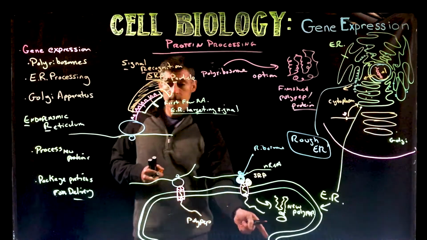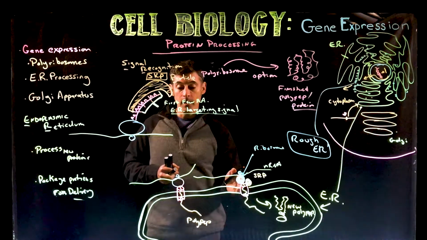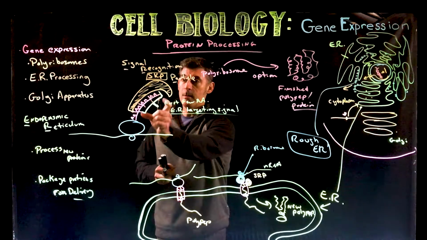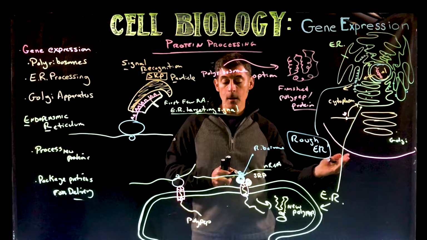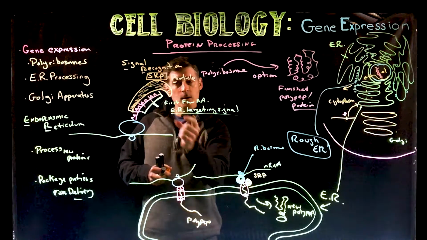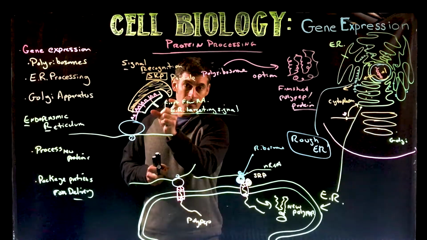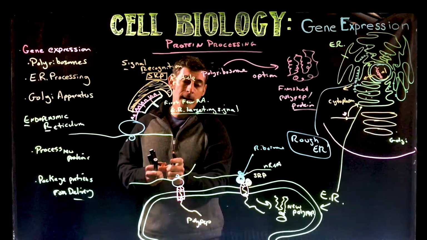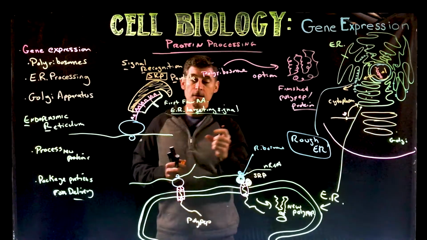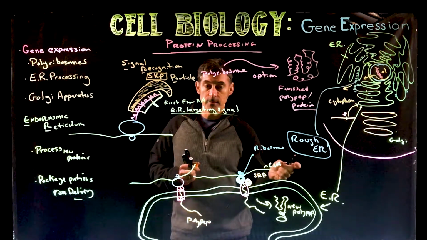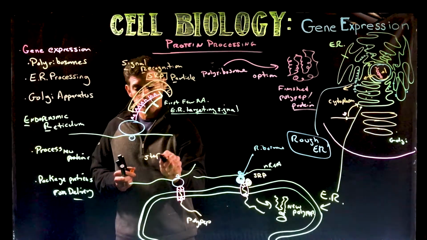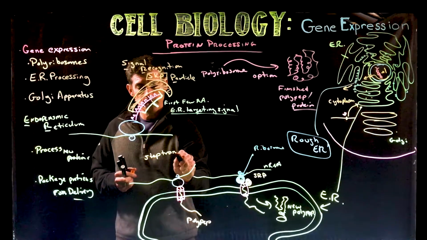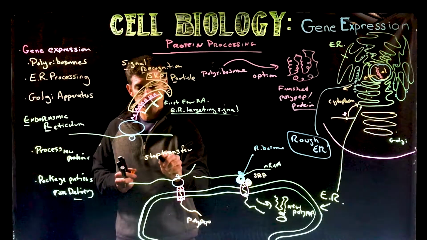So this is the polypeptide into the ER lumen. Now, what can happen is, just like there was this signal here, a sequence of amino acids that said, take me to the ER, there can also be a sequence of amino acids, typically nonpolar amino acids, that are also something called a stop transfer signal. The stop transfer signal, so I'll write it down here, stop transfer signal.